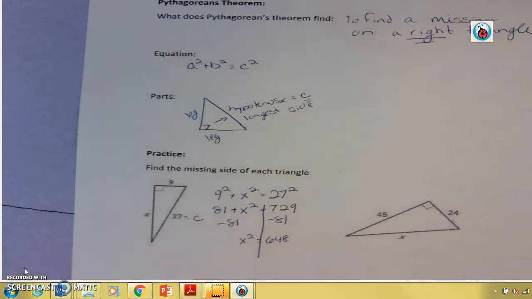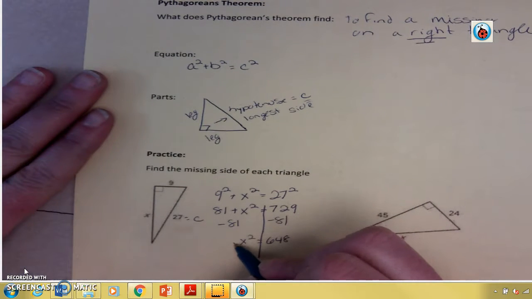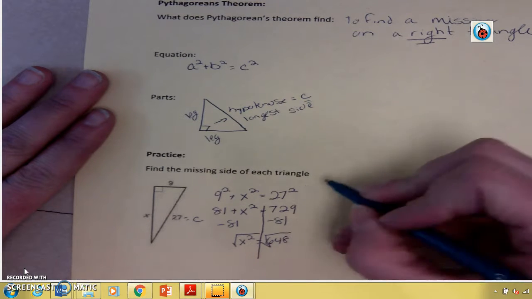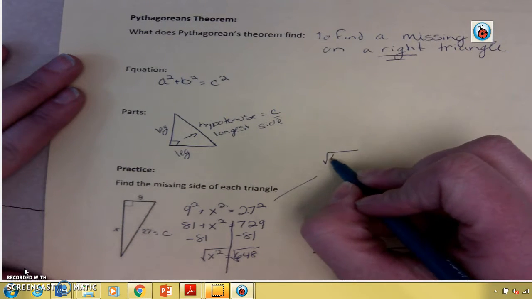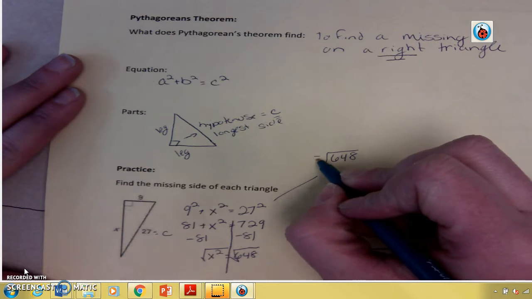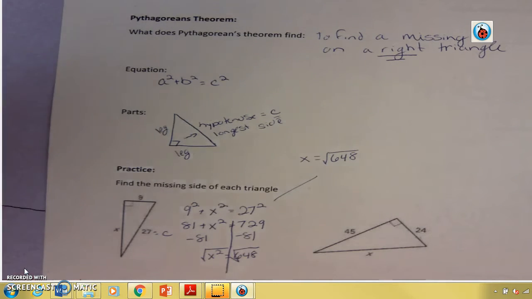Now I need to square root both sides. So I have the square root of 648 is my answer, is what x is, but we have to write it as a simplified radical, meaning I can't keep it in this form. So either we can look, is there a perfect square that we know that goes into there, or how else would we do it?